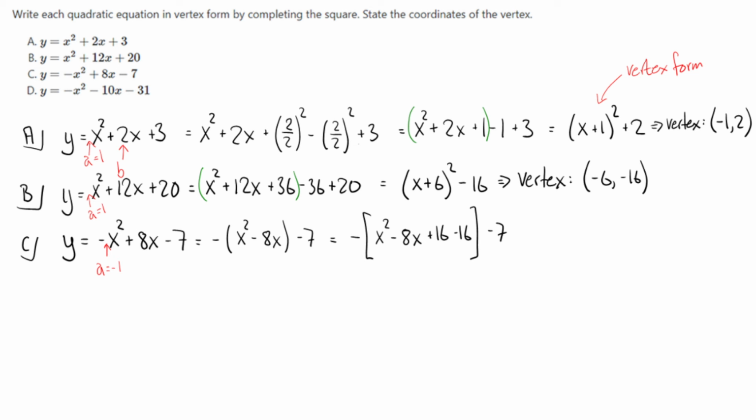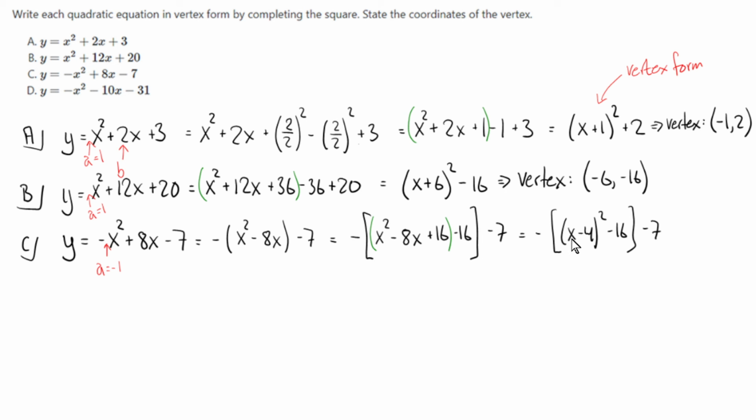And now we can see that we have a perfect square trinomial right there. So we're going to continue here by factoring that out. We're going to be left with x minus 4 squared. And then we have -16, closing bracket, and then a -7 on the outside. At this point, I'm going to bring this factored out -1, the GCF, back into this bracket.